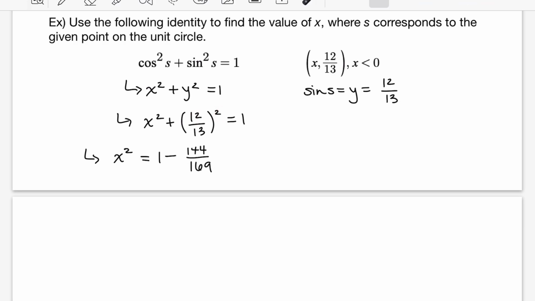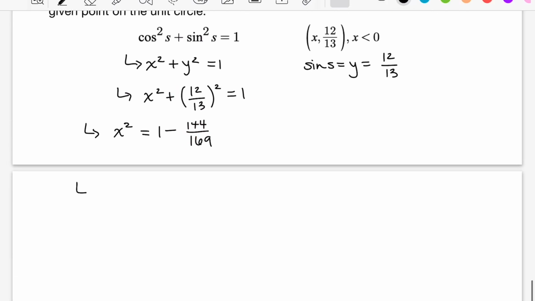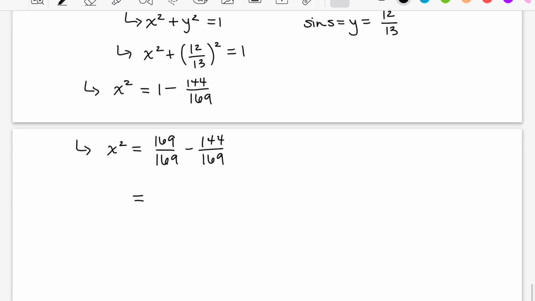So we're subtracting this on both sides. Simplifying these guys, we'll get 169 over 169 minus 144 over 169. This will be equal to 25 over 169. And x squared is equal to this.